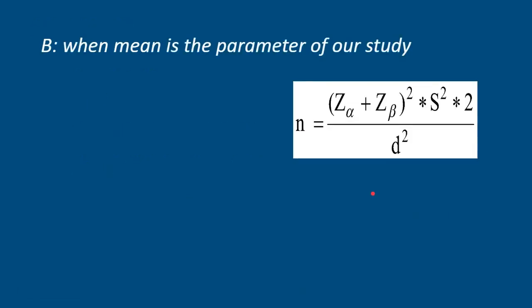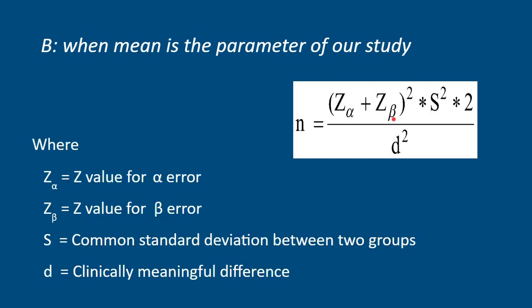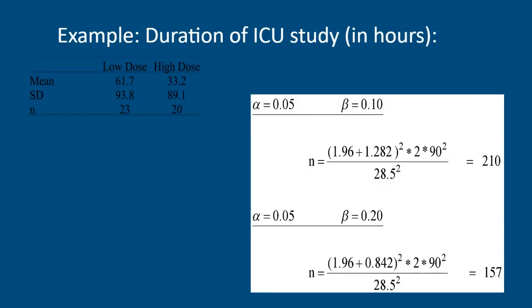So when mean is the parameter of our study, the formula is N is equal to Z alpha plus Z beta whole square into standard deviation square into 2 divided by D square, where S is the standard deviation between the two groups, D is the clinically meaningful difference. So here is the example for calculation. The mean duration of ICU stay in hours for low dose is 61.7 and high dose is 33.2.